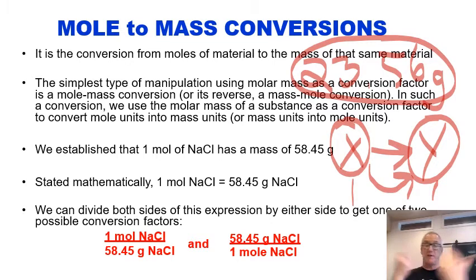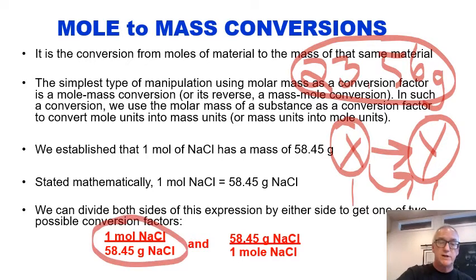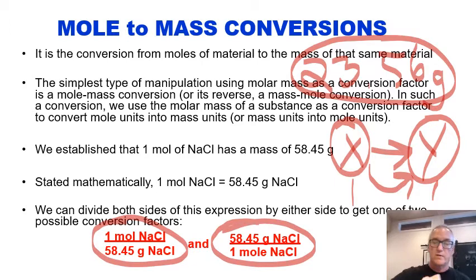So we're just going to be using conversion factors like we've been using since the start of the class. So remember, we're either going to use this or this. So always when you're doing a conversion, the numerator must equal the denominator, because what we're actually doing is just multiplying by 1, right? So 1 mole of sodium chloride equals 58.45 grams.